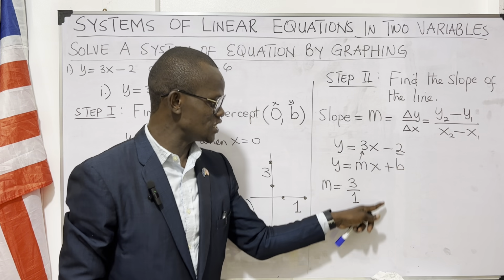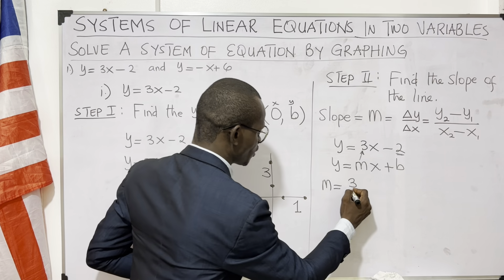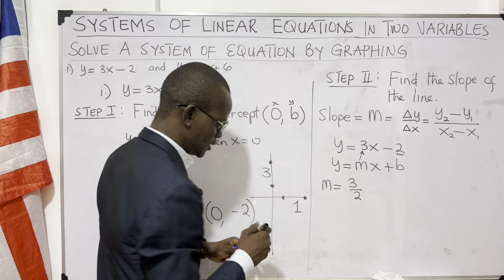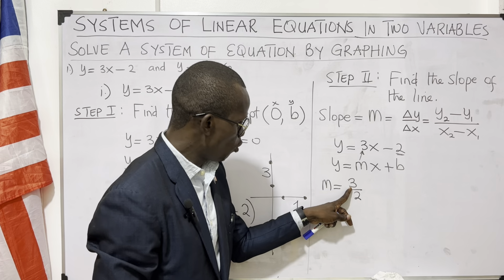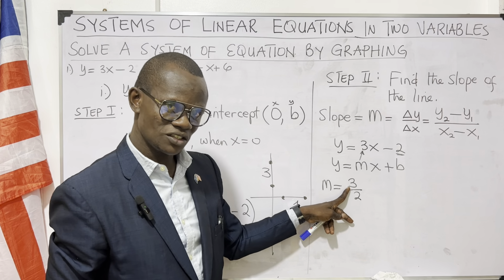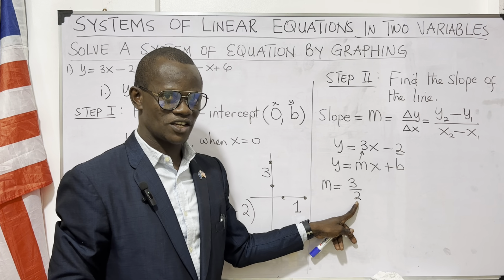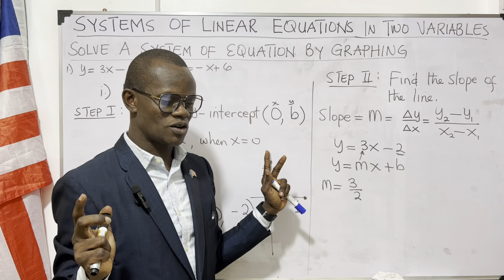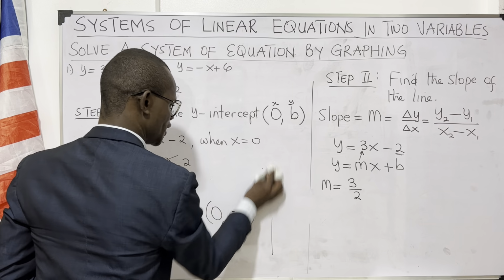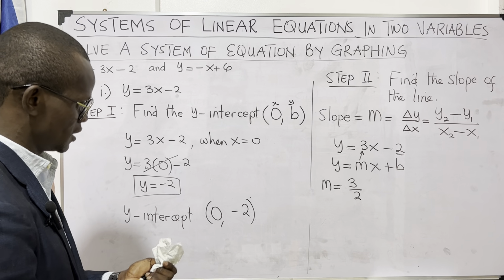So if there is no denominator under the slope, just add 1. If the denominator were, for instance, 2, it means we must move 3 units in the y direction and then 2 units in the x direction. That's exactly what we need to do. So now we've gotten the slope and the y-intercept. Let's graph.